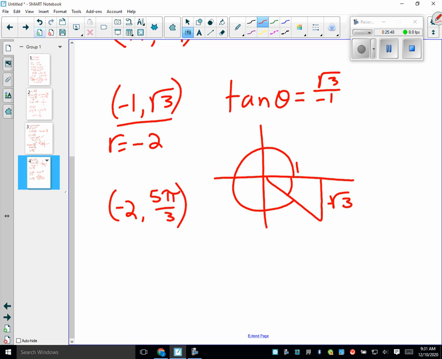Right? Lily, do you agree with that? But since R is negative, instead of going this way, I would go the opposite way. So if I was in quadrant 2, I would end up down here. So if I start here, I end up in quadrant 2. Right?